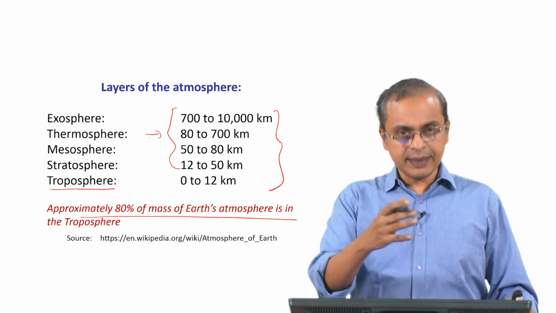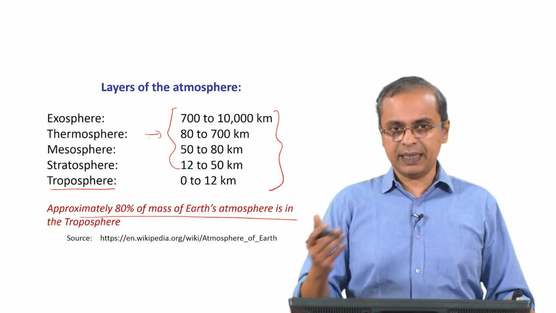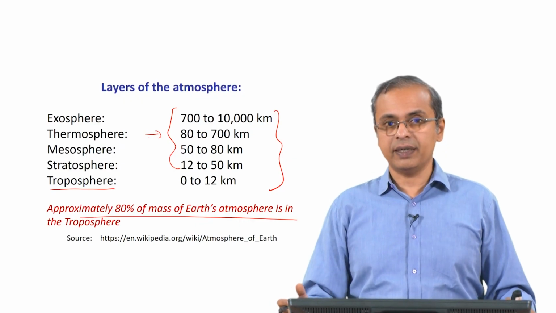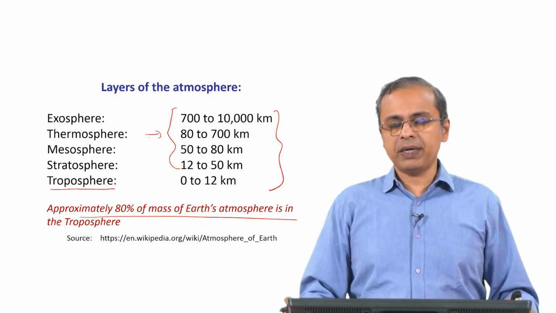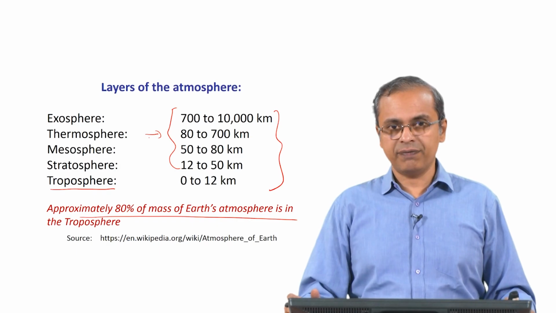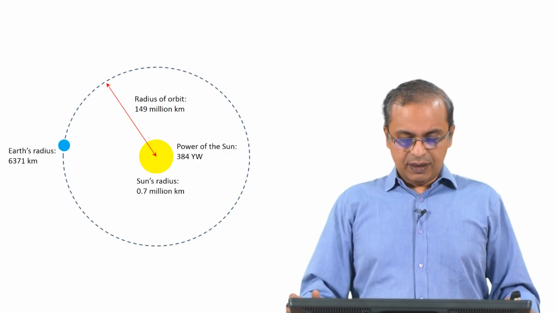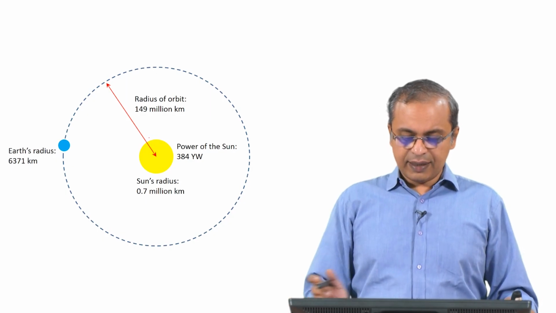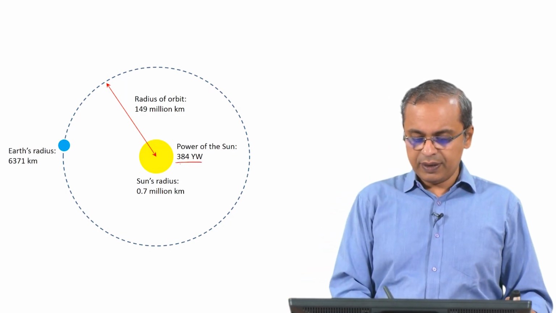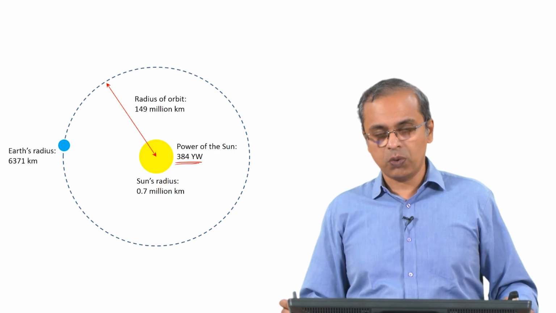These are all there in the pathway by the time the energy from the sun reaches you. We will keep this in the back of our mind and use it as necessary. And this is what we did last class, where we looked at the idea that the sun is putting out power equal to 384 iota watts.